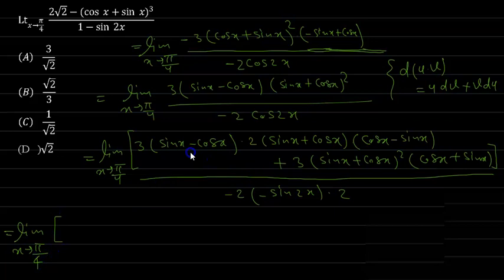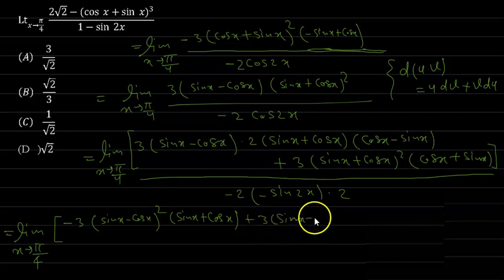Now simplifying this, since in sin x minus cos x we take the minus sign outside, we will get minus (sin x minus cos x) square times (sin x plus cos x), plus (sin x plus cos x) square times (sin x plus cos x), and it is (sin x plus cos x) cube, because these expressions are the same.